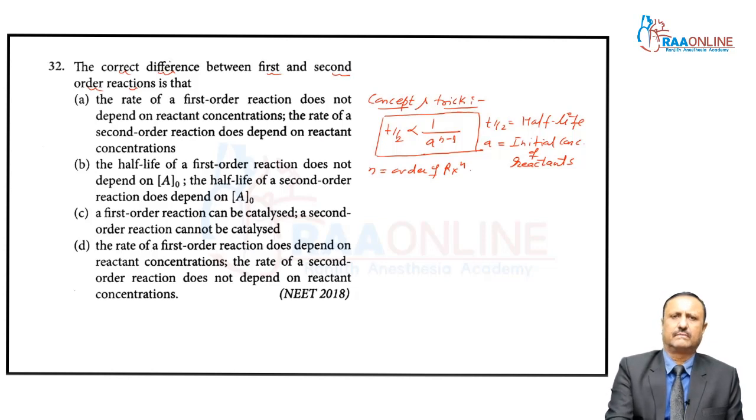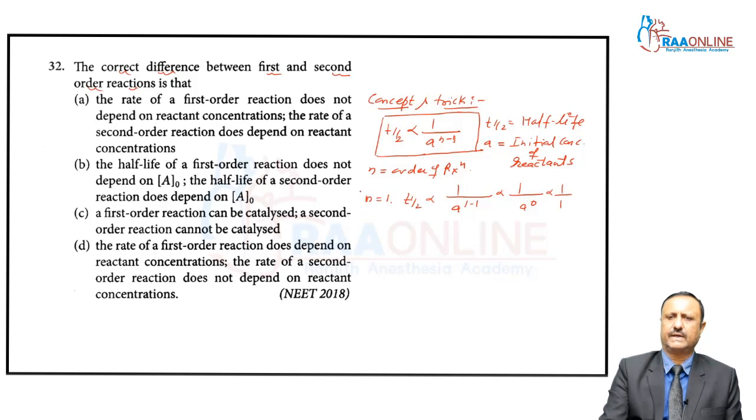Here you can see the difference between first and second order reaction. When n is equal to 1, you get the half life relation with initial concentration. So n is equal to 1, t half is inversely proportional to a to the power 1 minus 1, it means t half is proportional to a to the power 0, and any power 0 is 1.